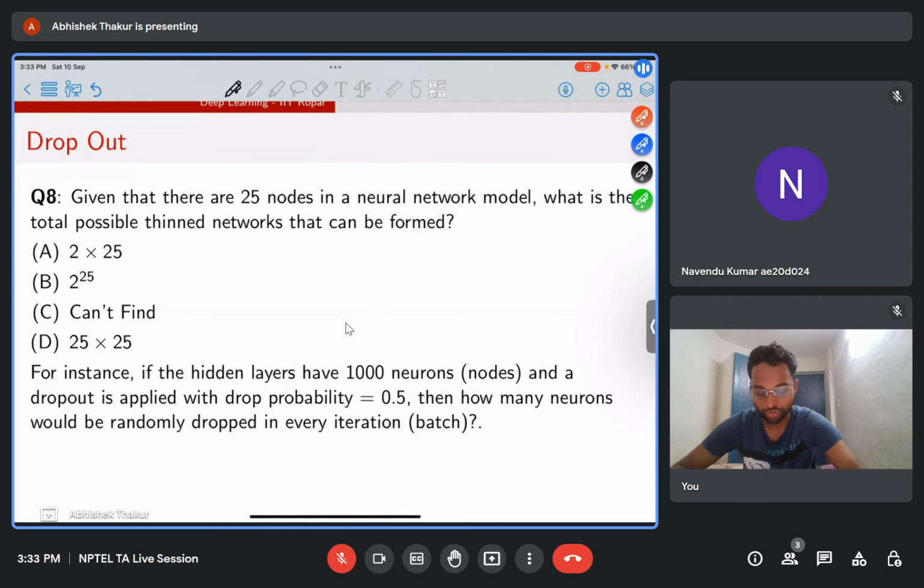This question is based on dropout. In dropout, what we do is drop out some of the neurons from our model, so that the other neurons will be actively participating and updating the weights and other parameters.